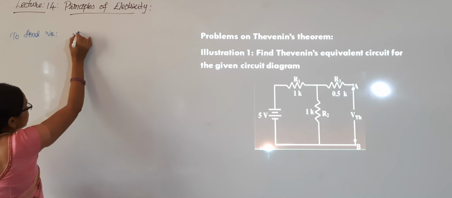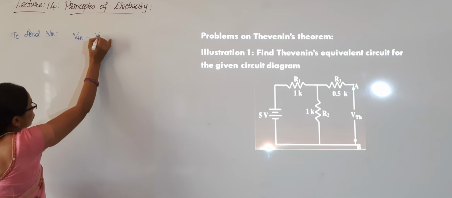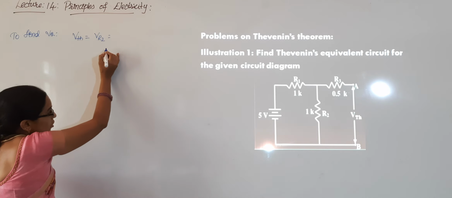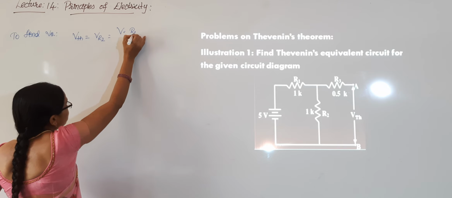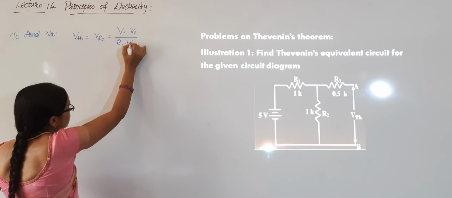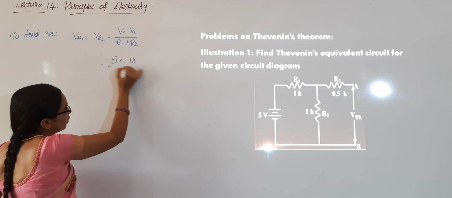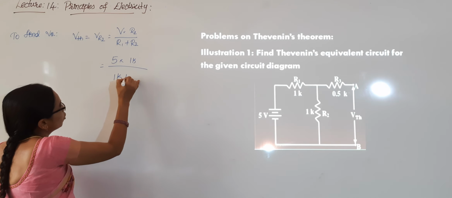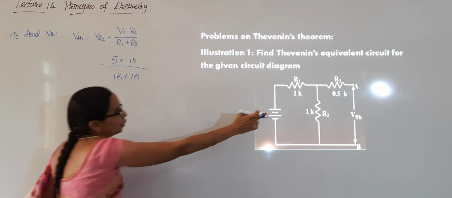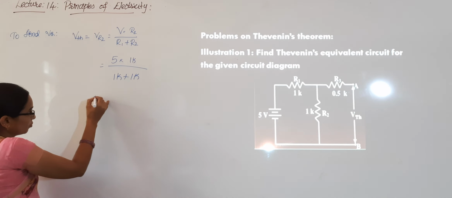The formula is VTH is equal to VR2 is equal to V into R2 divided by R1 plus R2: 5 into 1 kilo divided by 1 kilo plus 1 kilo, R1 plus R2.